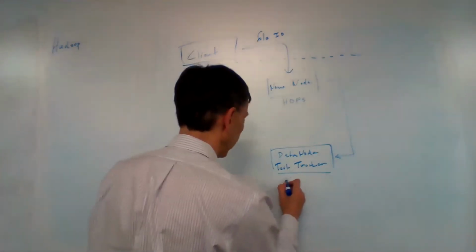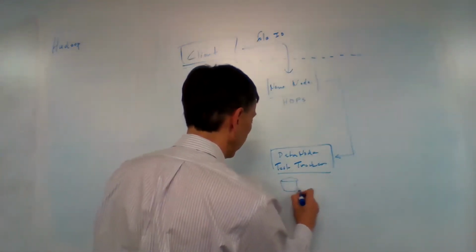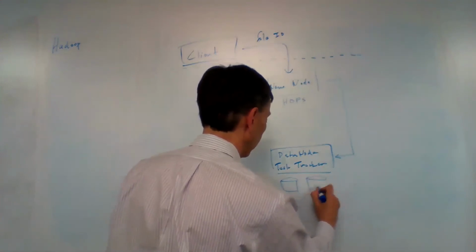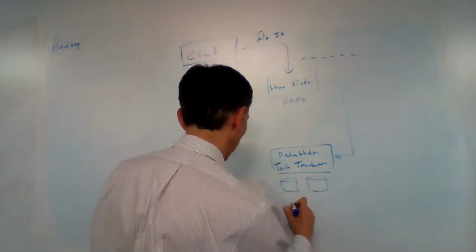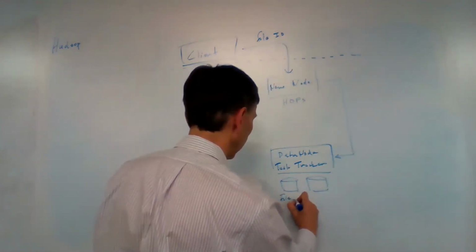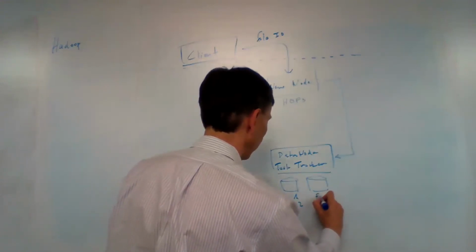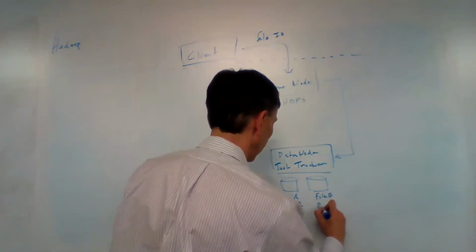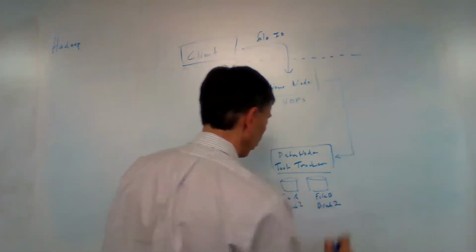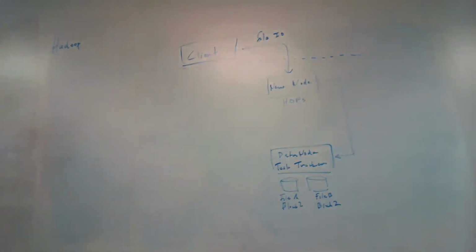And then underneath here, you're going to have some file A, block 2, file B, block 2. And obviously, I'm only writing 2. These are the equivalent of chunk servers to actual data servers, but there's hundreds of thousands of these storing hundreds of thousands of what they call blocks, which are the equivalent of chunks.